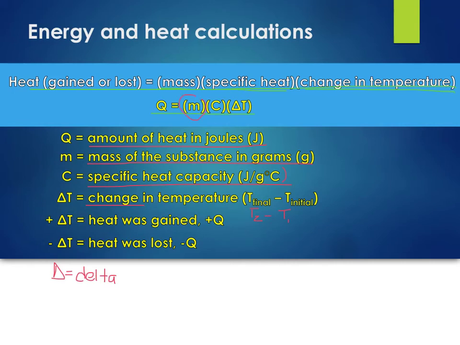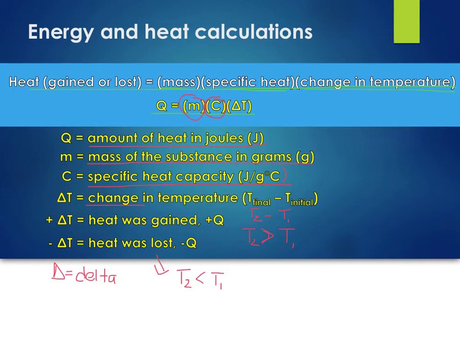Now the mass and specific heat are always going to be positive values. Now the delta T could be positive, right? When it's positive, that means T2 is greater than T1. When it's negative, T2 is less than T1.